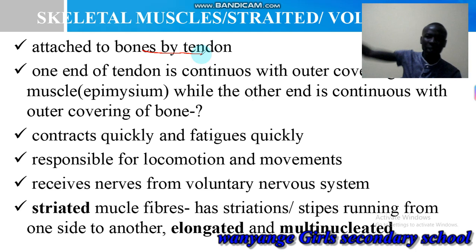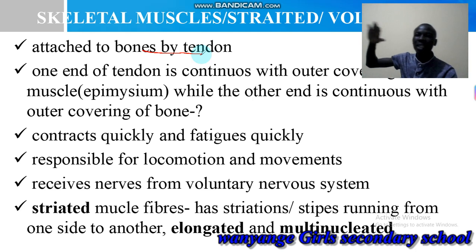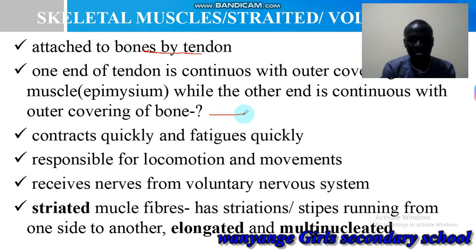Then on the other end of the tendon, it is continuous with the outer covering of the skeletal muscle. What did we call the outer covering of the bone? Very good. We call it the periosteum. So the tendon is continuous with the periosteum on one end, and then it is also continuous with the outer covering of the muscle on the other end.